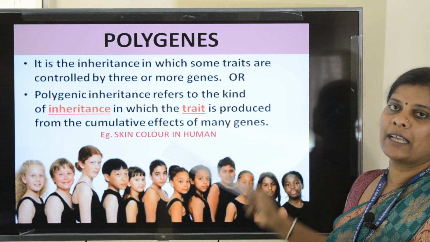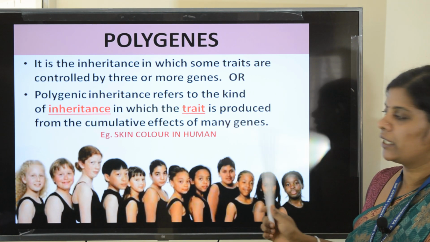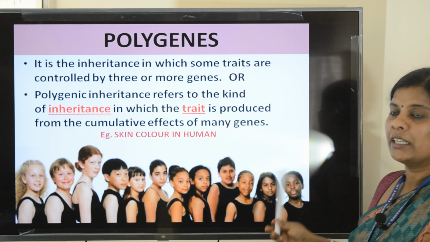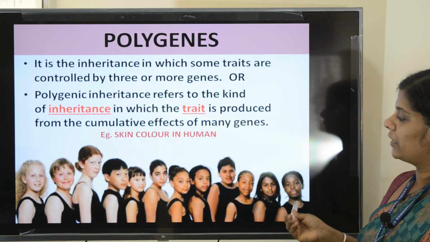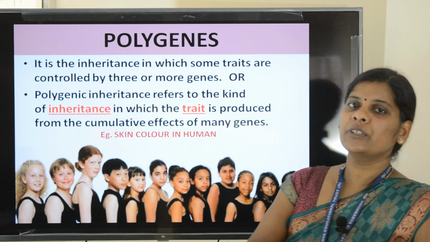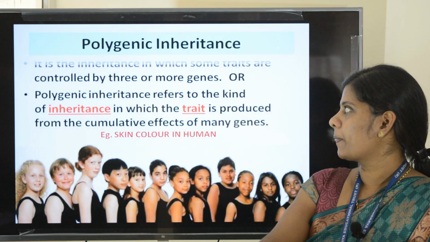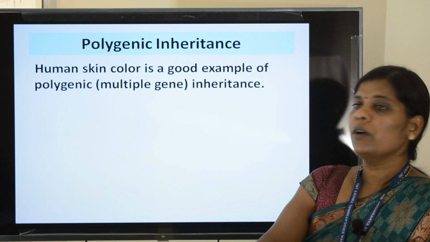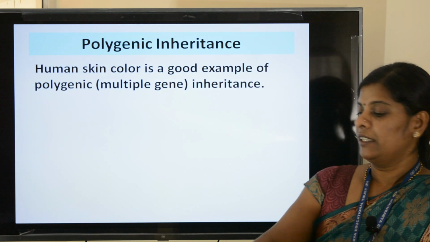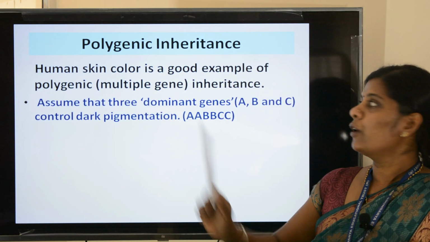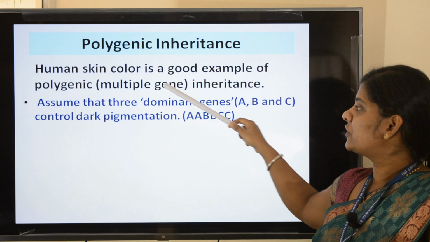The classical example is skin color in human. Here you can see variation in the skin color, from extremely dark skin to very light or albino skin with no pigmentation. Human skin color is an example of polygenic or multiple gene inheritance.